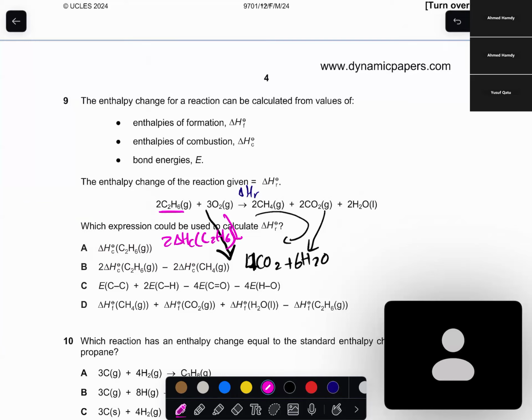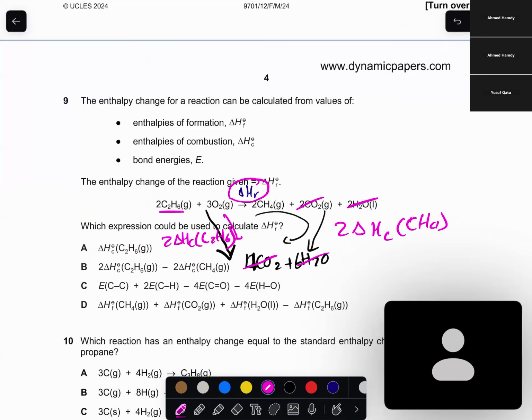And here, since water is the same and carbon dioxide is the same, we don't have delta H for them, we have only 2 delta H for combustion of CH4. And here is delta H of the reaction.